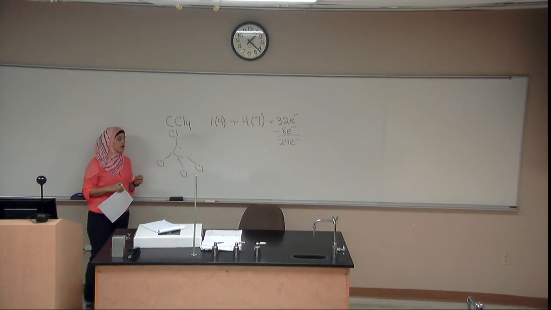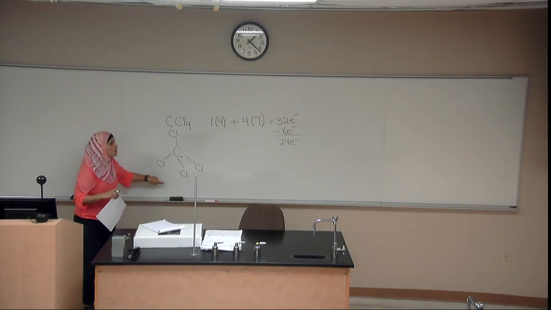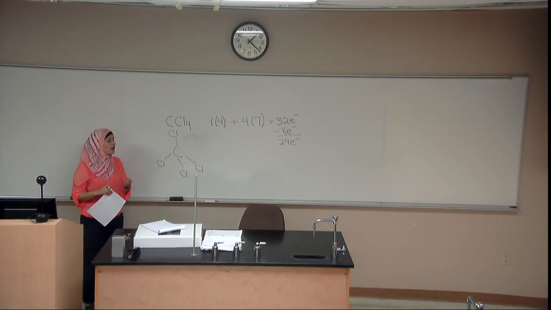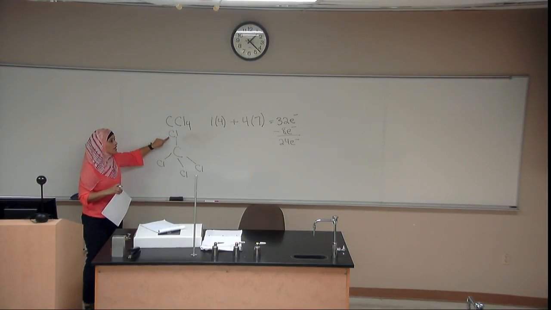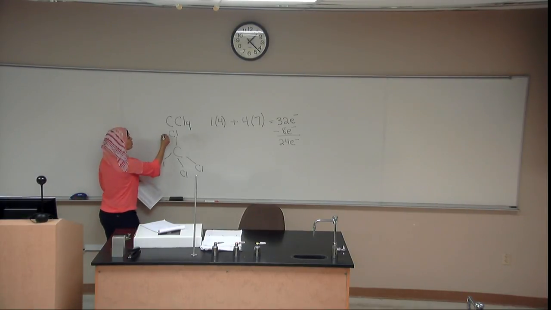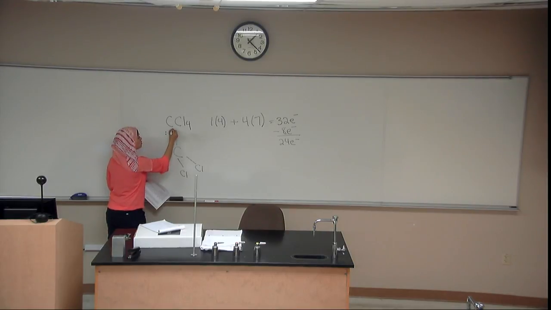Here's what you do next. You say to yourself, I must fill out the outside electrons first. So chlorine is here. I must fill those out to satisfy my octet. Here, chlorine has 2. So how many more does it need? It needs 6 to make the 8. So we're going to do 1, 2, 3, 4, 5, 6.